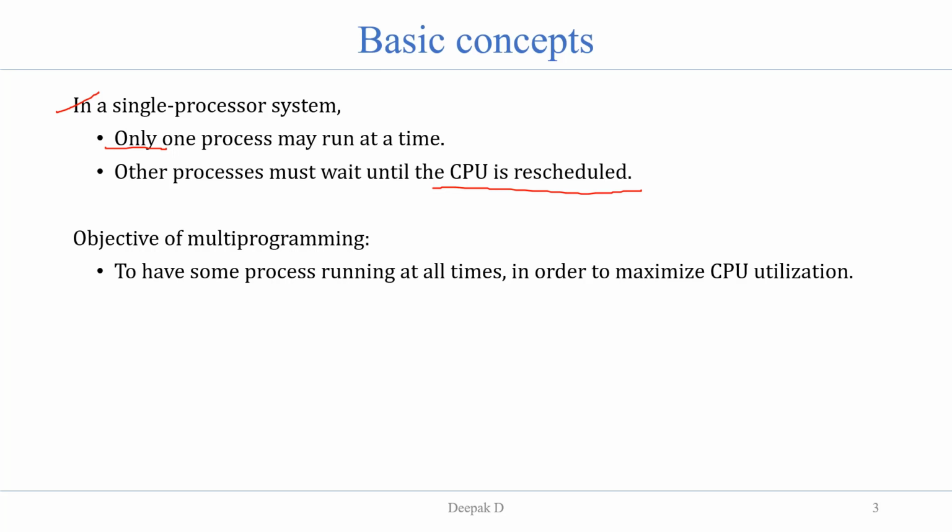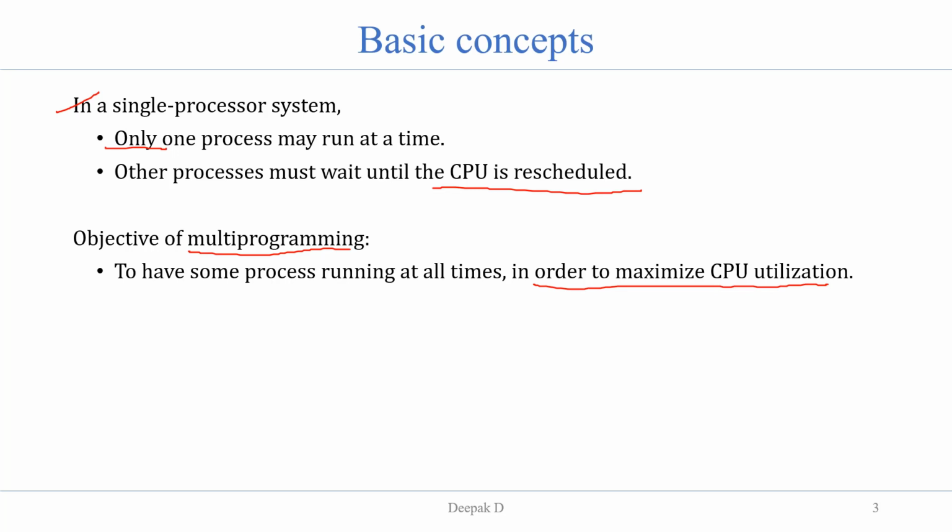In order to maximize your CPU utilization, multiprogramming comes into the picture. You may have a process that is not only meant for CPU execution, but might also be waiting for some IO request.